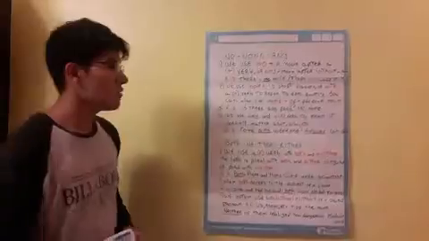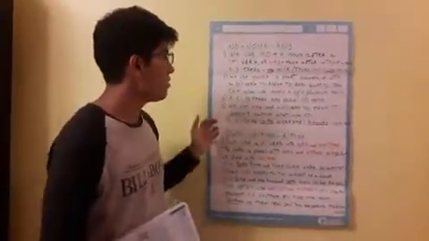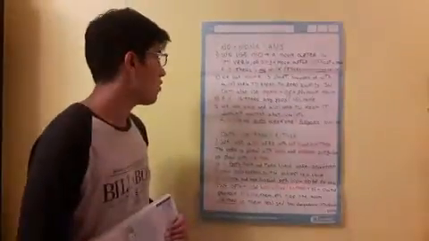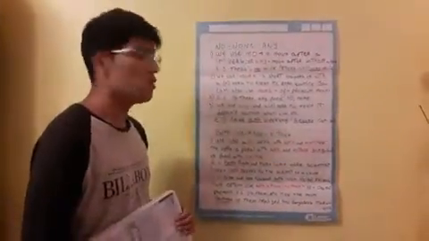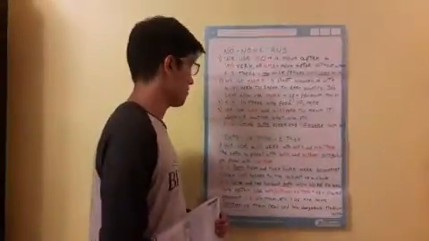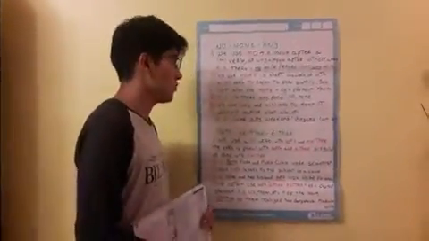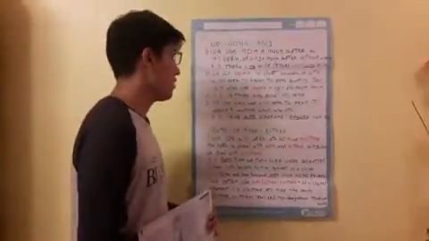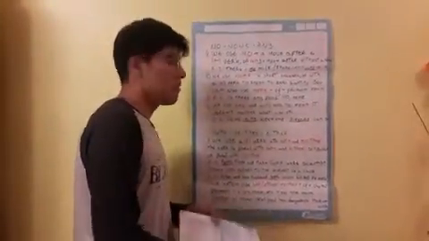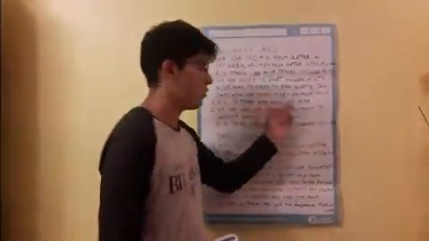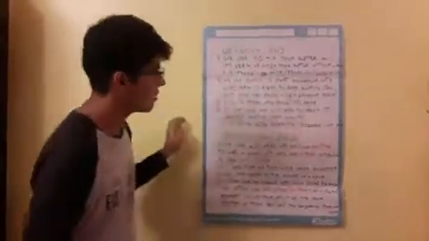The second rule is we use none in short answers or with a positive verb to refer to zero quantity. You can also use none plus of plus pronoun or noun. Our example is: is there any food? No, none.